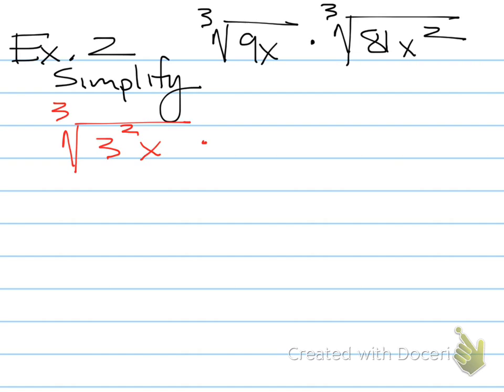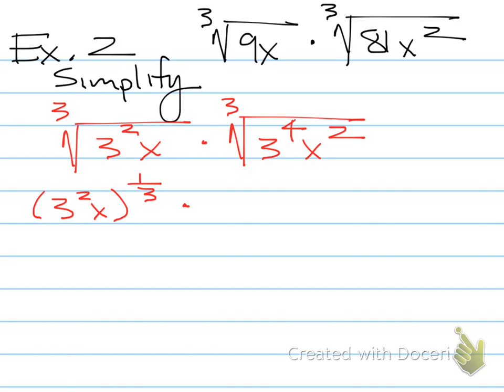And then we have the cube root of 9x times the cube root of 81x squared. So we want to write the 9 as 3 squared, and write the 81 as 3 to the 4th power. So 3 squared x raised to the 1/3 power, and then 3 to the 4th power x squared, all of that raised to the 1/3 power.